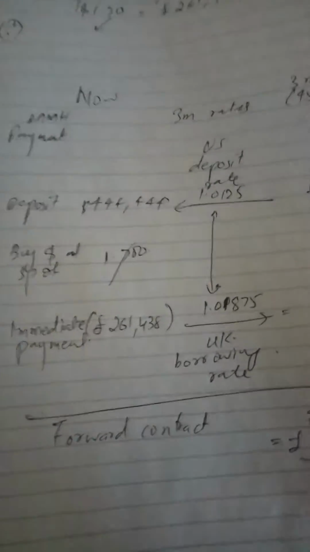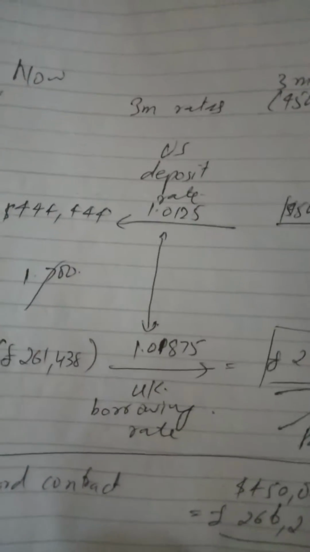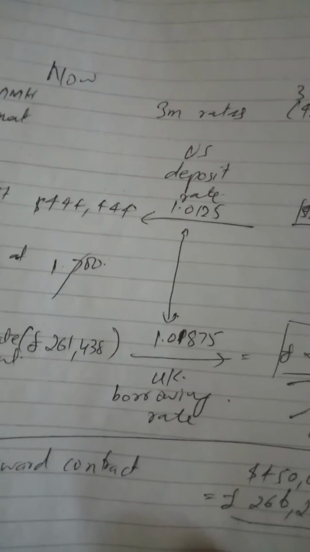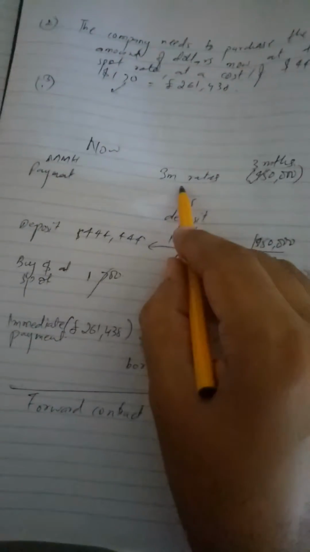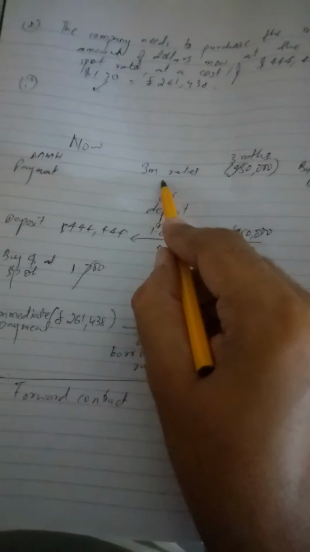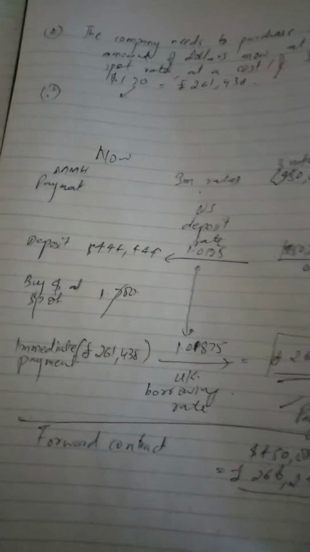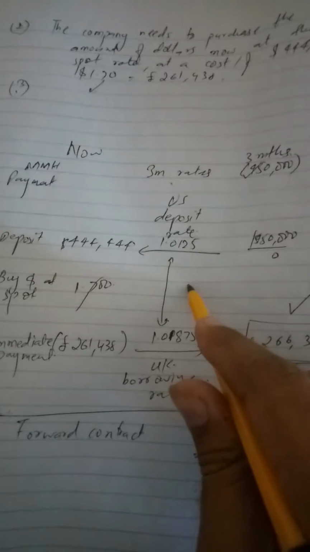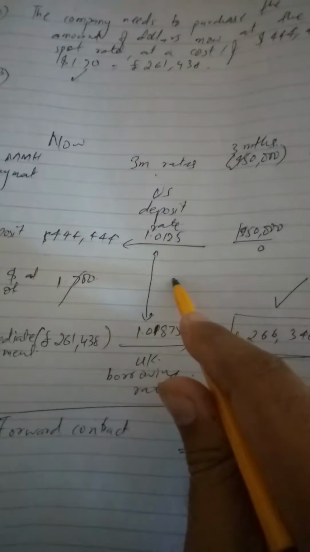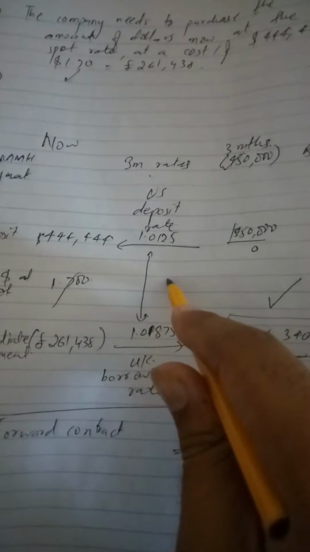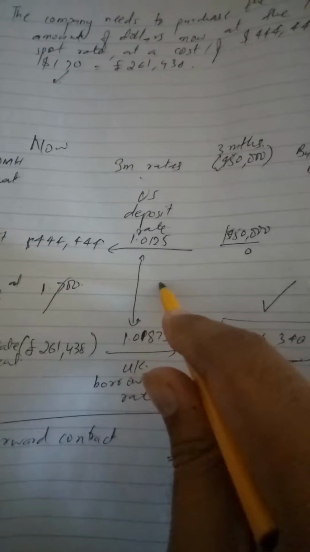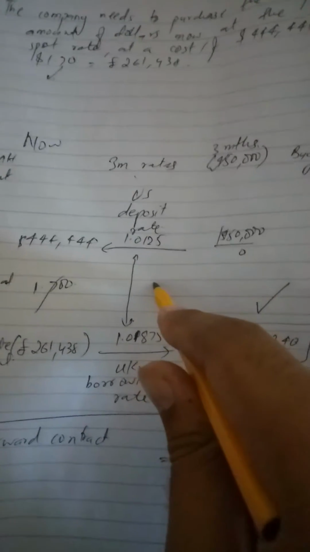The condition was that you have a company which has to make a US dollar payment in 3 months' time. The company treasurer has determined the following. The spot rate is 1.7040, the higher one, and money market rates were there, US deposit rates were there, and eventually they were applied.